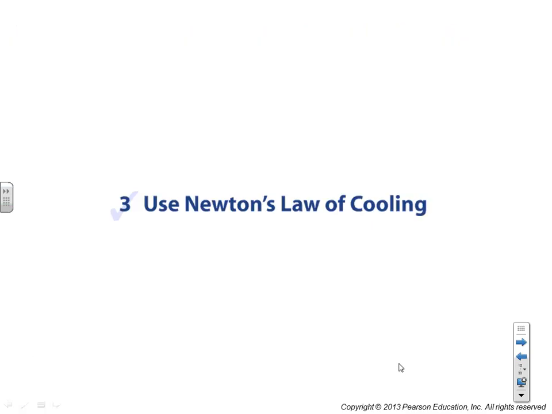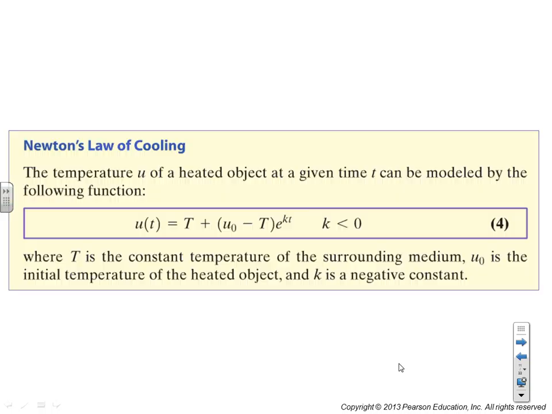All right. Newton's law of cooling. Oh, man. Love science. This is great, guys. So, here's the formula for Newton's law of cooling. Temperature U of a heated object at a given time t can be modeled by the following function.